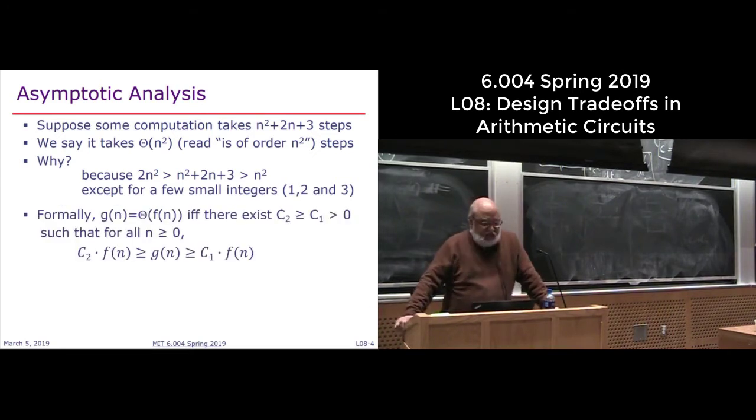So formally, you will say that some computation G(n) is of order of F(n) if the following property holds, that G(n) always falls between some constants multiplied at both ends, C1 F(n) and C2 F(n).